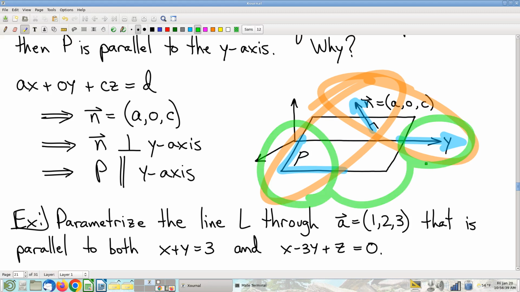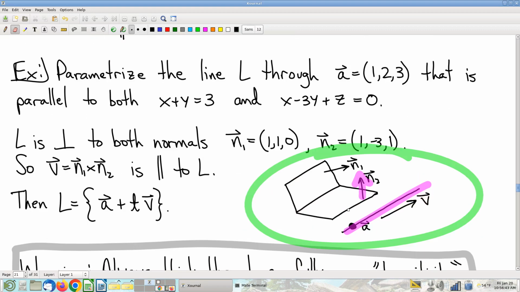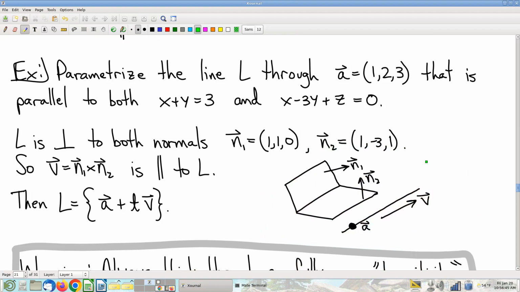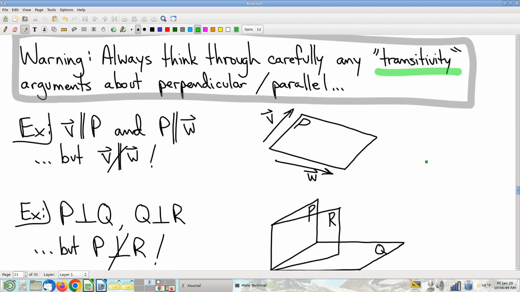Right, so again, a transitivity. So the transitivities are very convenient geometric arguments to make. They're also, however, dangerous, because not all transitivity arguments that at a glance look like they ought to be true actually work. They're just flat not true.